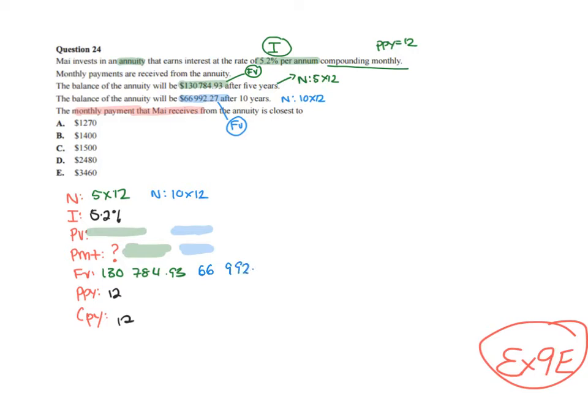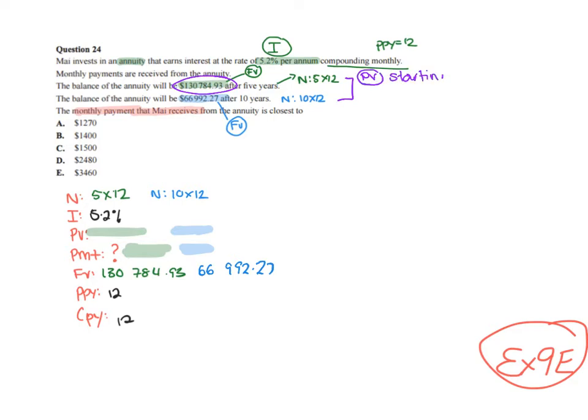So what you have to do is think, well, what do I have? If you think about it, you have what happens between the 5th year and the 10th year. So what if I make this one my PV, my starting point.